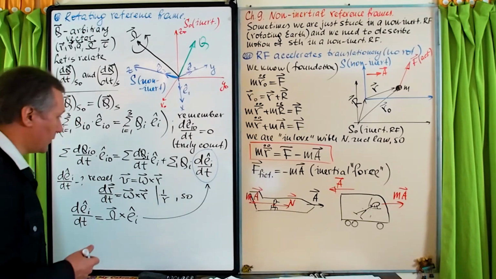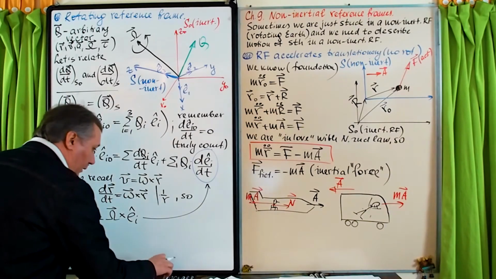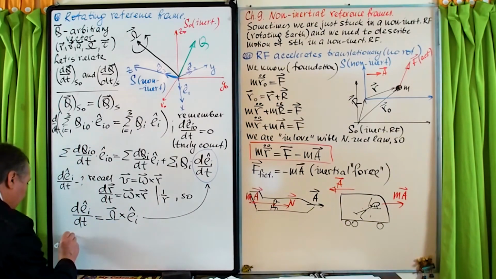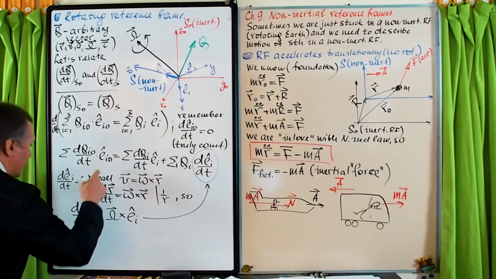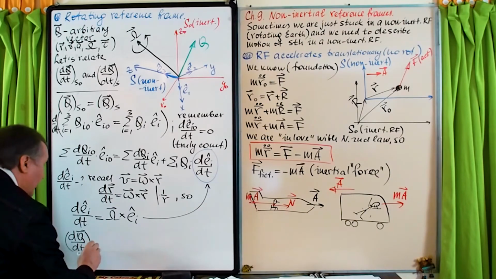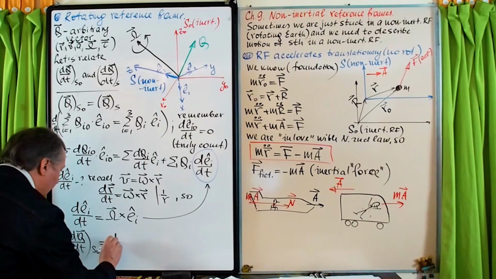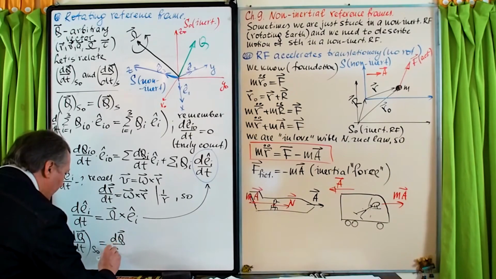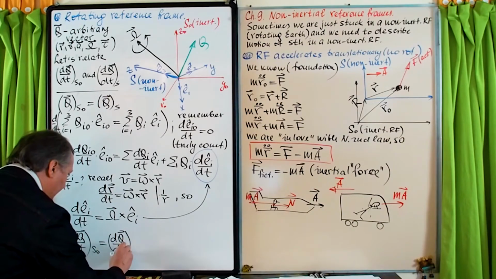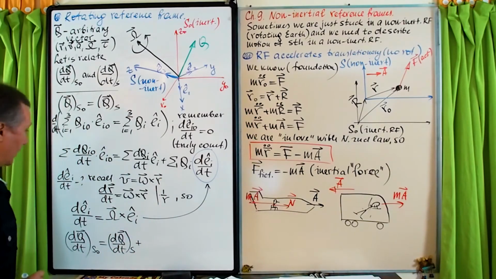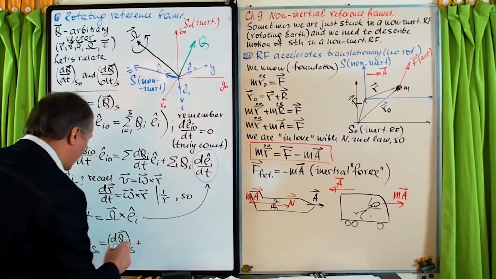We're almost ready to get to the right conclusion. So it's a time derivative of q with respect to time in S naught equals dq over dt in S, and plus this.